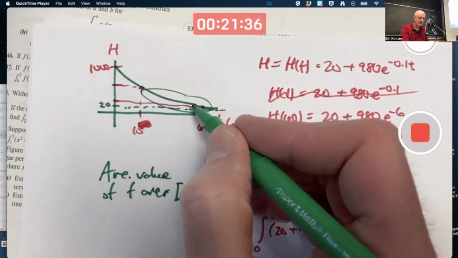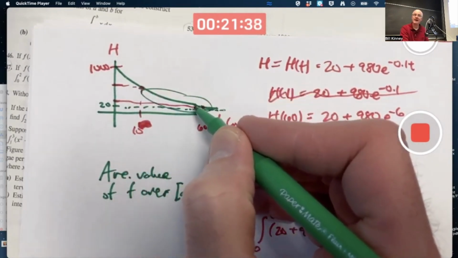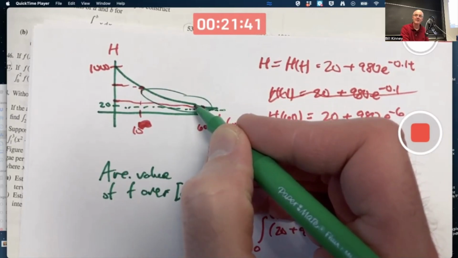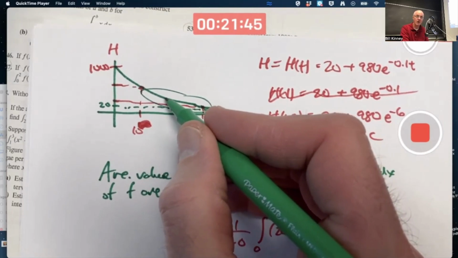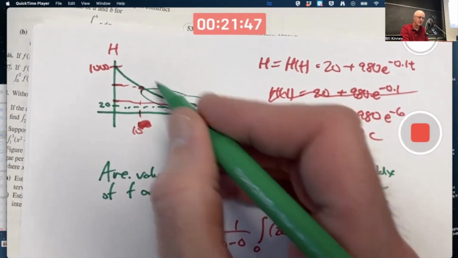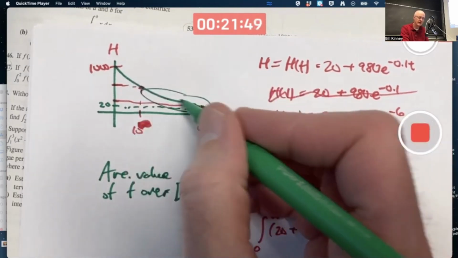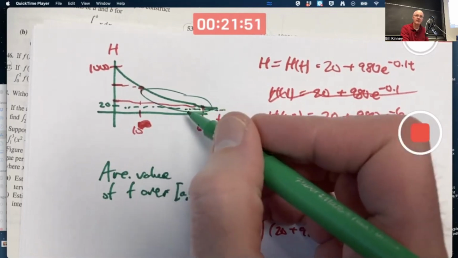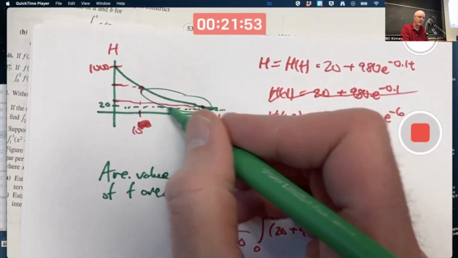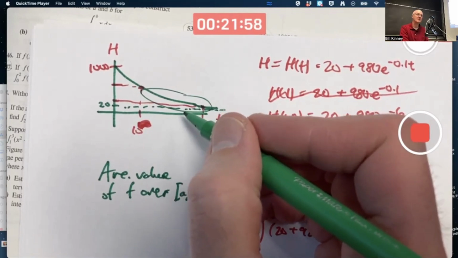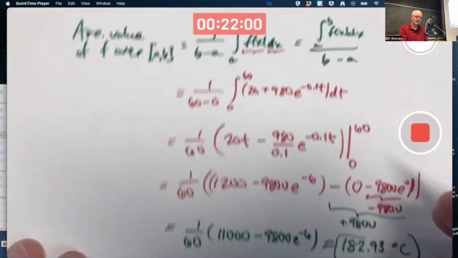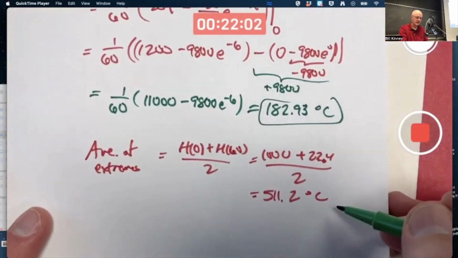Then when you're over here getting close to t equals 60, the decrease is not as rapid. By the time you reach t equals 30, it's pretty low overall compared to 1,000 at least. You're in pretty low temperatures even by the time you reach t equals 30. It's spending most of the time in relatively low temperatures. That's the intuition for why, on average, the average temperature should be less than the average of the extremes.